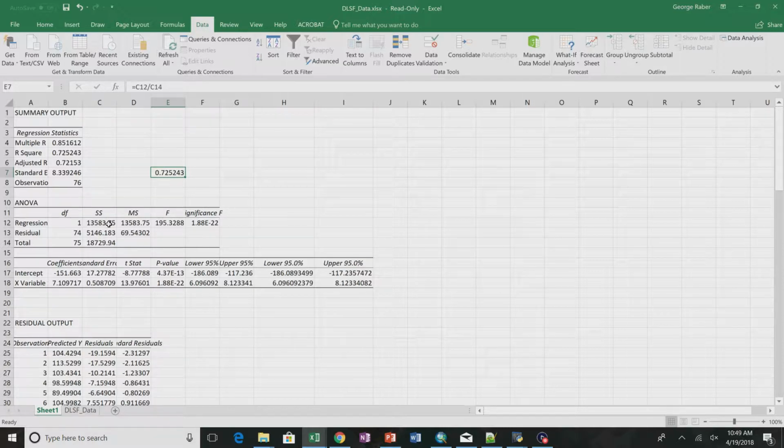So this value right here is the total sum of squares of all of the predicted values in the regression, all the little predicted values. This is the total variation. In fact, an easier way to think about this is that these residuals are actually the sum of the squared differences between the model. I'll go back here real quick.